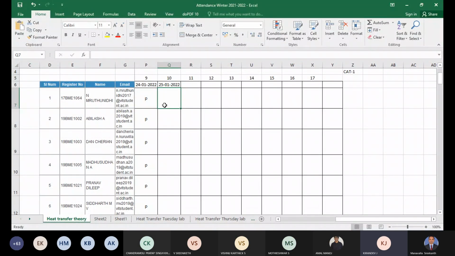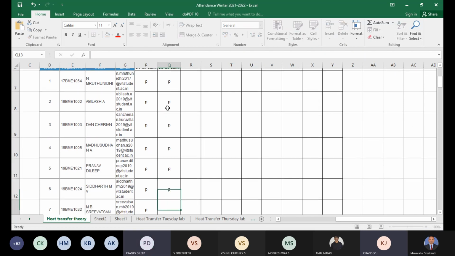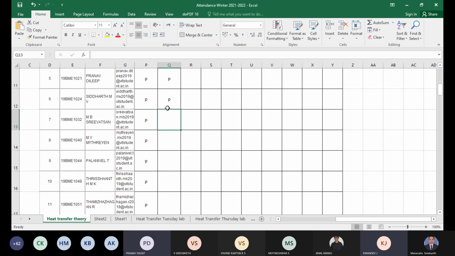Mrutunidhi, present, sir. Ilash, present, sir. Jarian, present, sir. Sudan, yes, sir. Dilip, present, sir. Siddharth, sir. Devatsan, present, sir. Mitrayan, present, sir. Ranivel, present, sir. Anant, present, sir.